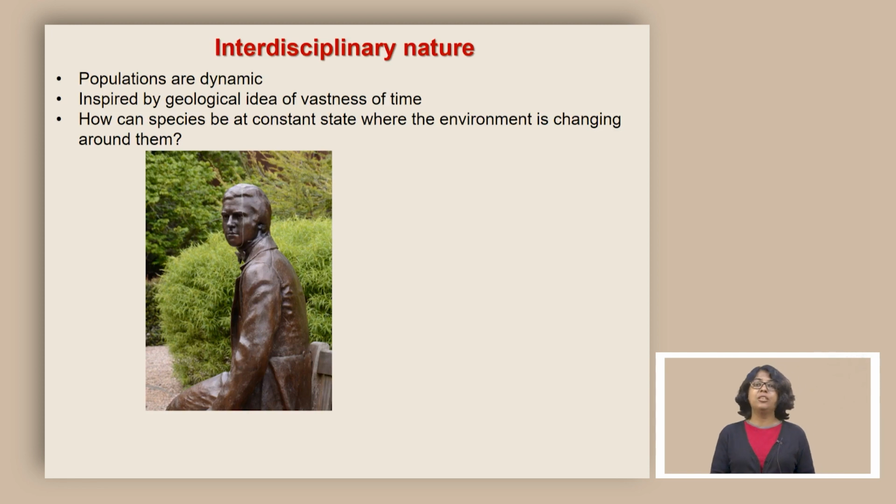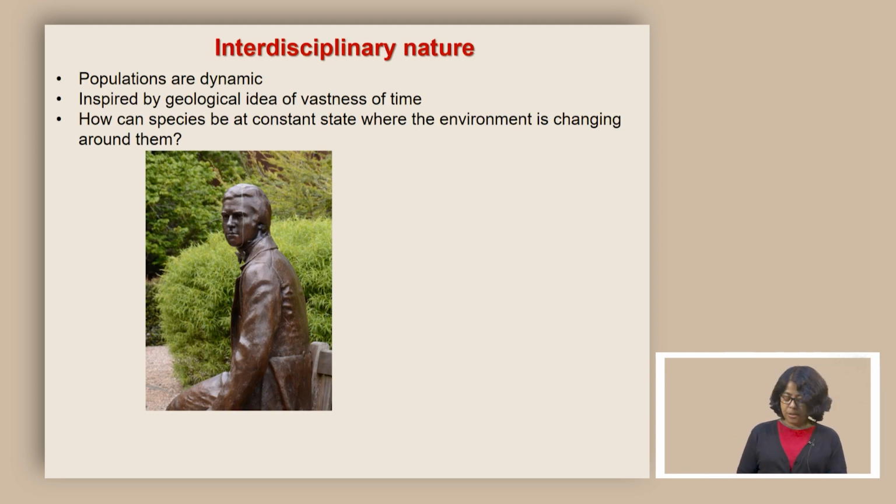This was again a question which was originally framed sometimes by Hutton. But then he added this idea of vastness of time, and then he started thinking along these lines that if the time is so vast and the environment is changing, even the slow process of organismal change, the changes that we see in every generation, if they are accumulating over this vast time, it can lead to a major shift in biologic composition of species.